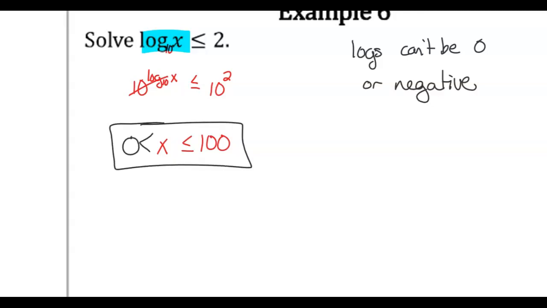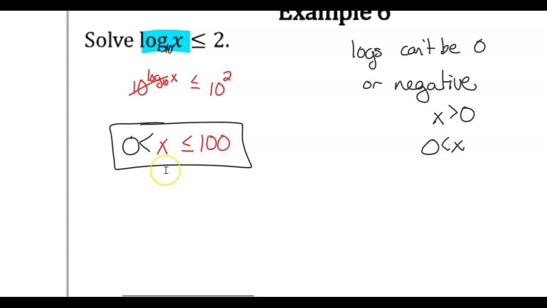Not greater than or equal to, because it can't be 0, just greater than 0, because this log of x can't be 0 or negative. And so that's why we have to include that x has to be greater than 0, which is the same as 0 is less than x. We include that because it can't be 0 or a negative number.